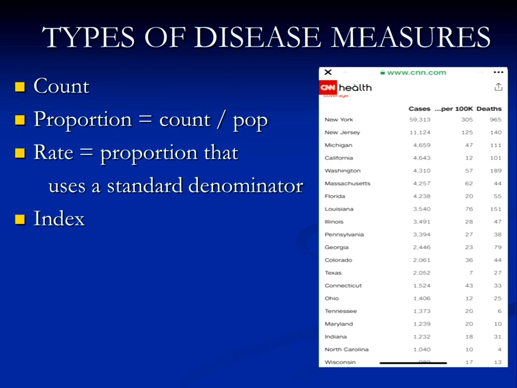We just say how many people have that condition, or in this example, how many people are perio maintenance. The problem is we don't know if the 384 people at ULSD who are perio maintenance are out of 500, or if they are out of 50,000.